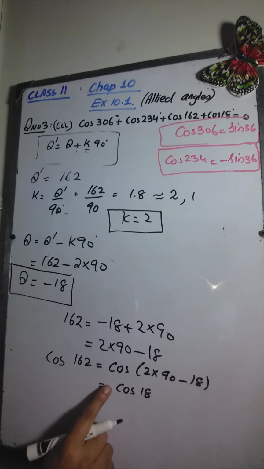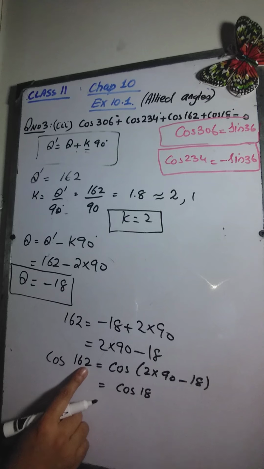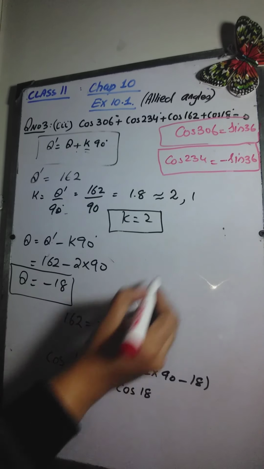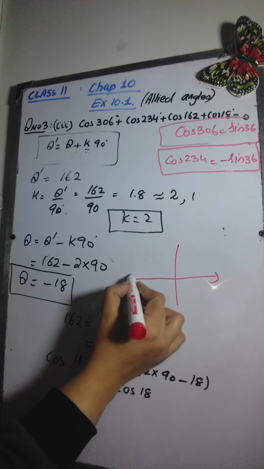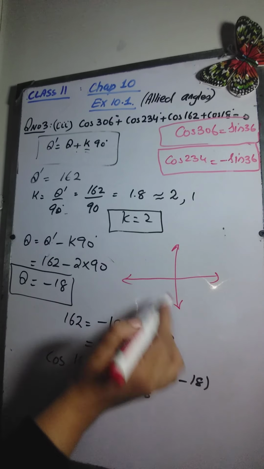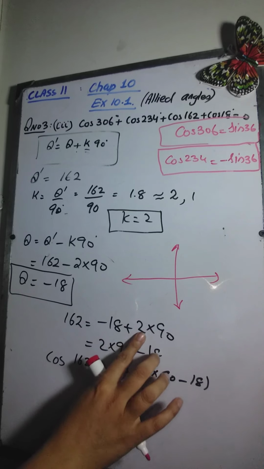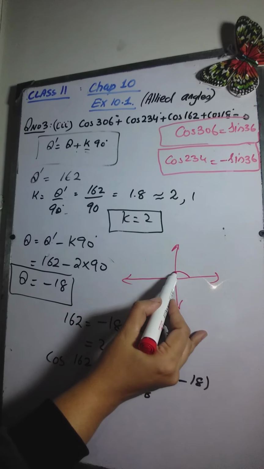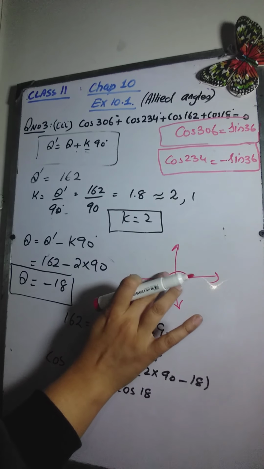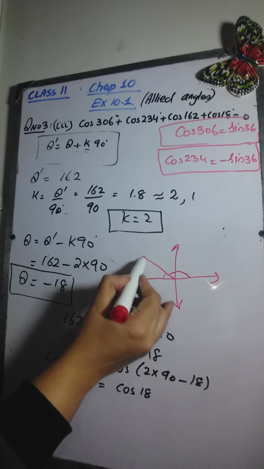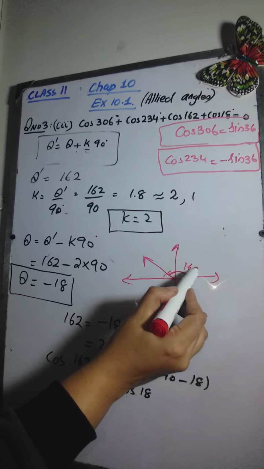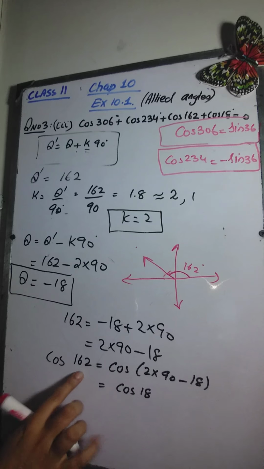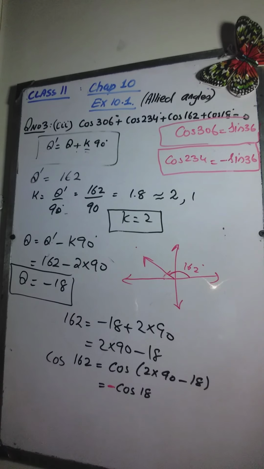Now about the plus and minus sign, the quadrant of 162: 162 lies in the second quadrant, as we already know, or you can also judge it this way: 2 times 90 minus 18 means this is 1 times 90, this is 2 times 90, and minus 18 means you are going to subtract something from this angle, so it will be in the second quadrant. 162 is in the second quadrant where cos is negative, so we put a negative sign over here.